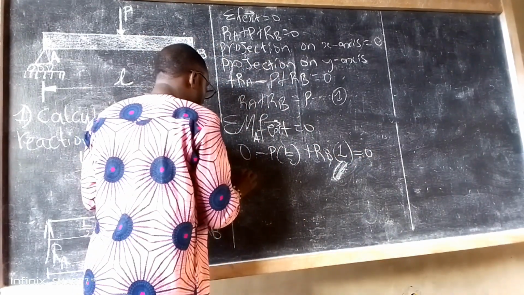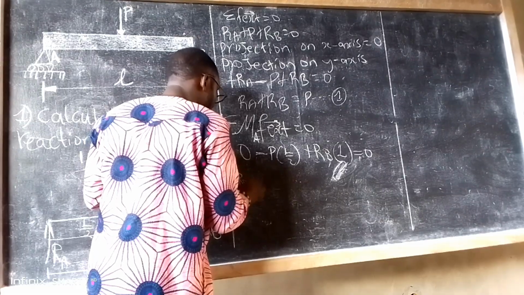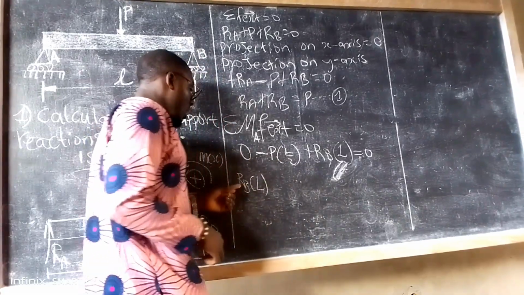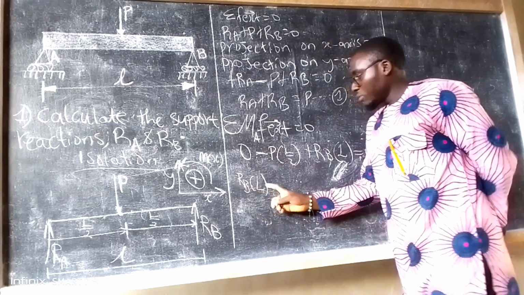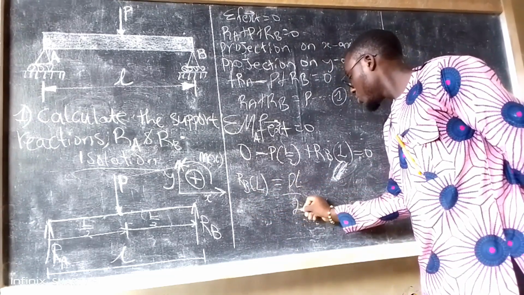Now we make RB the subject of the equation. RB into L is equal to PL on 2.